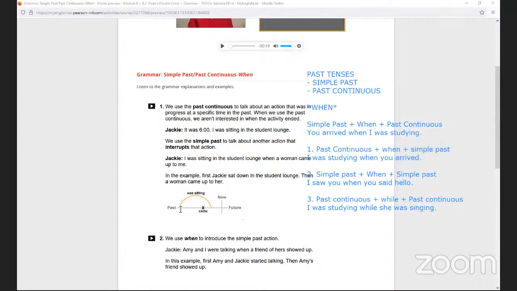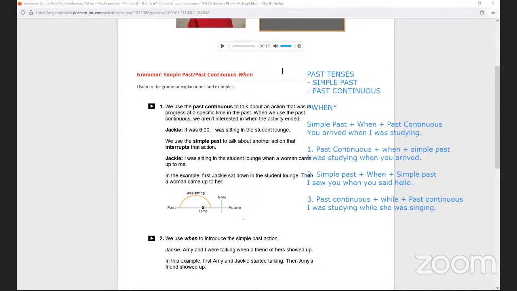So first started my action in continuous, and this action was in a progressive way. But the second action interrupts this first one. Only that. So that's why we are going to start first with the past continuous and after with the simple past.